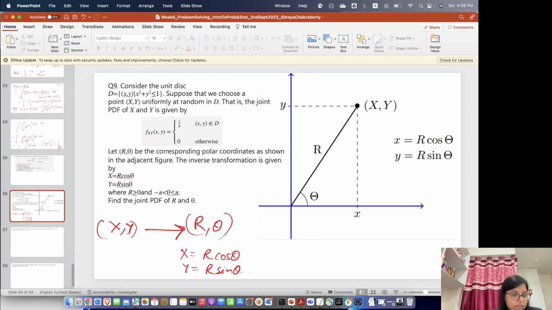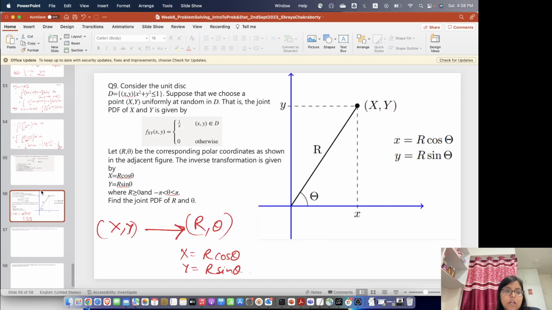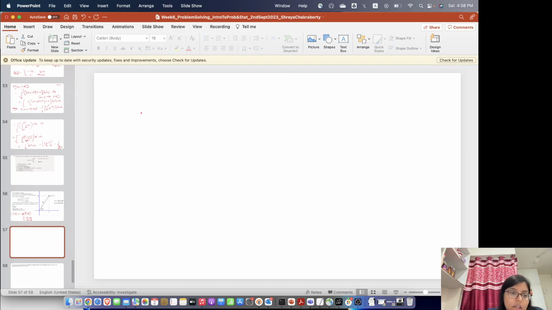So now we have to find the derivative, sorry, the Jacobian. Here we have x equal to r cos theta, y equal to r sin theta.